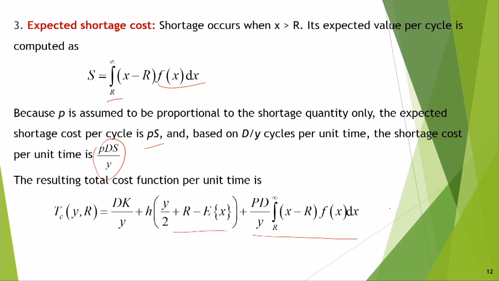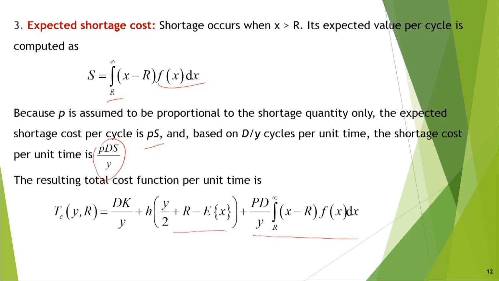All the costs have been added, P D S by Y. So this total cost is dependent on Y and R, and it is a function of two variables, so it can be minimized.